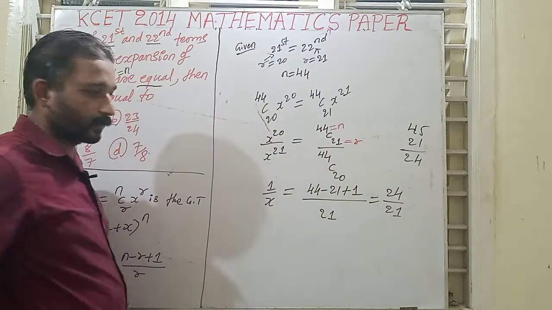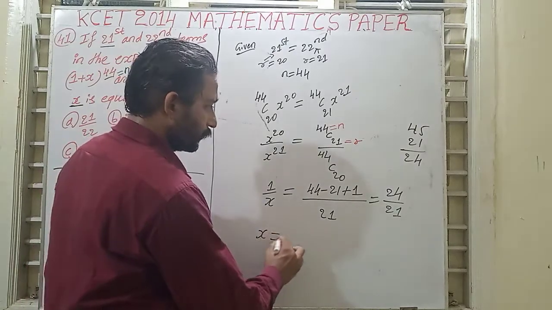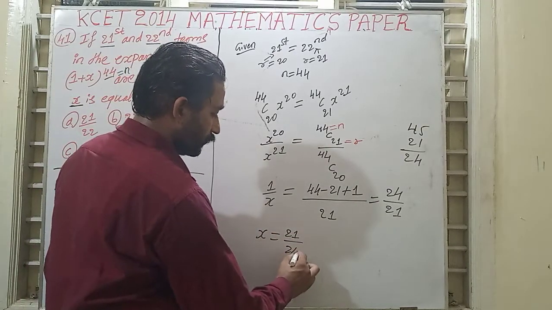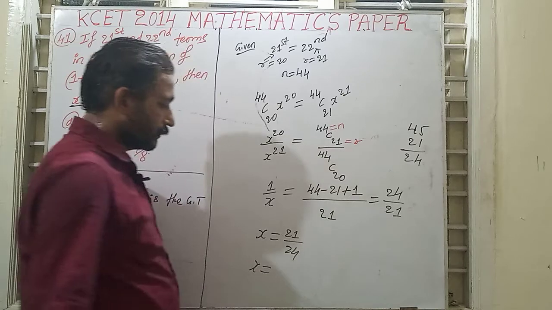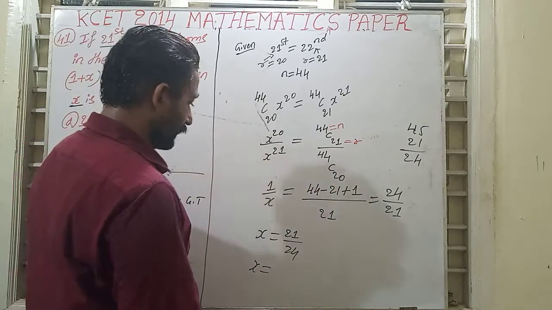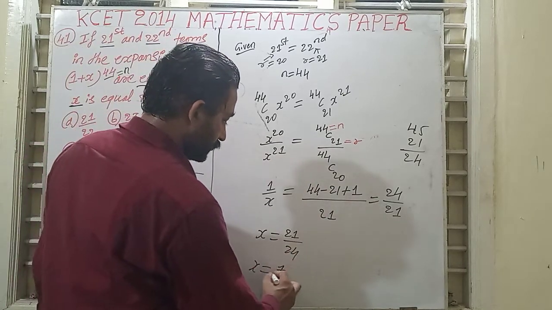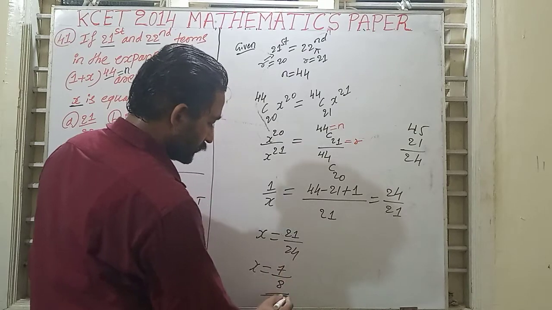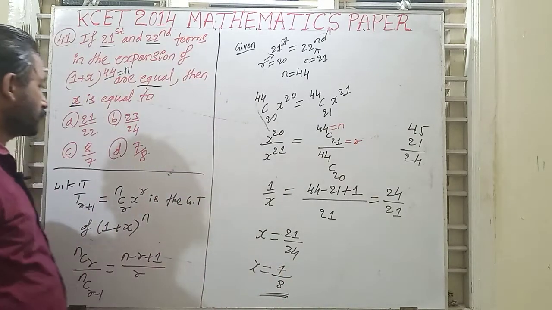Now take the reciprocal: x is equal to 21 divided by 24. So x is equal to 7 by 8. x is equal to 7 by 8.